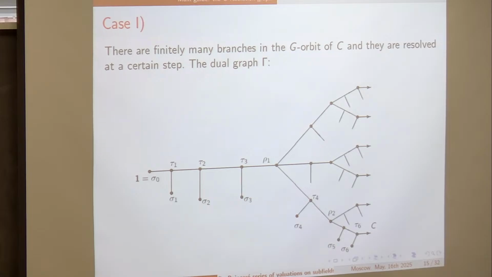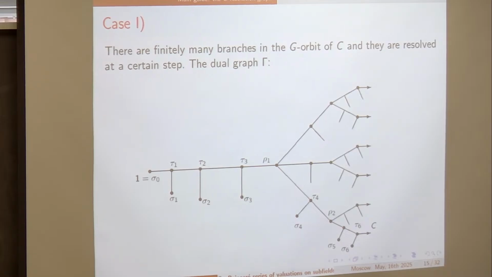Okay? So as you can imagine, here you have the resolution graph of C. And this is reproduced more or less by the action of the group, taking this point.